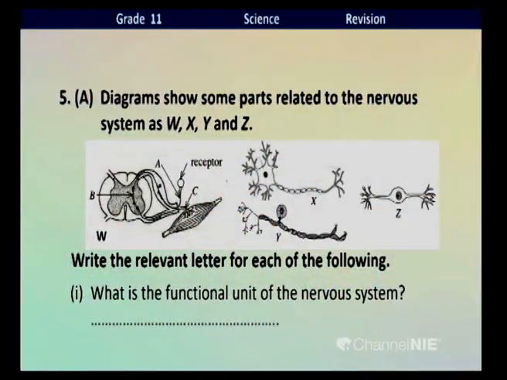The path in the nervous system that the reflex action travels is called the reflex arc. Out of X, Y, Z and W, children, what represents the reflex arc? Reflex arc is represented by the letter W diagram. You can write W or you can write reflex arc.